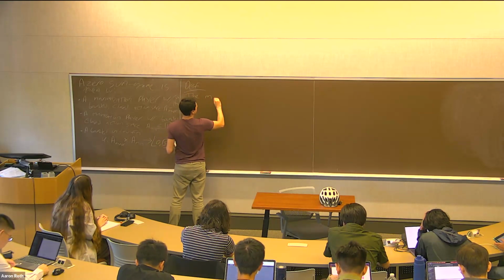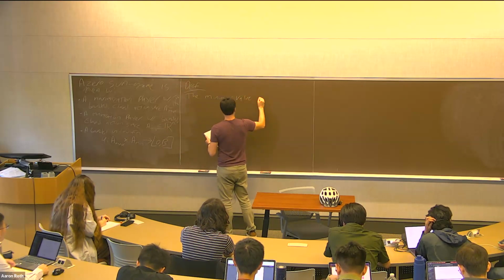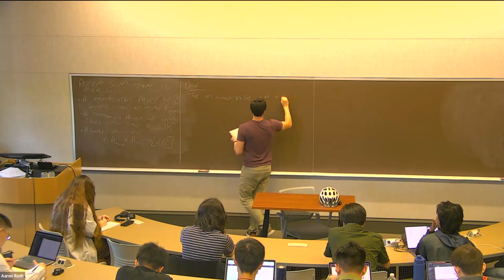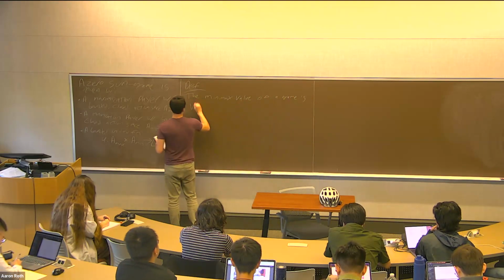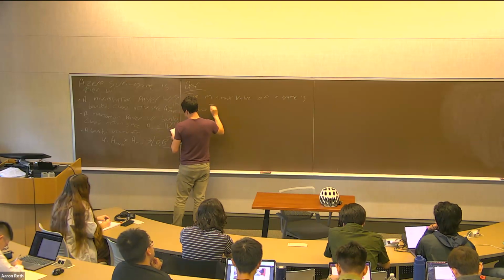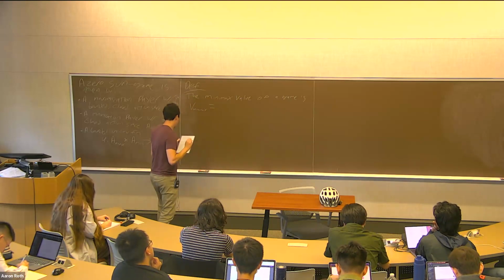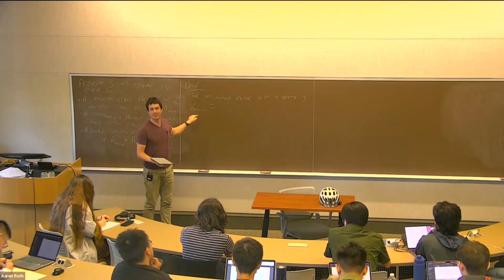So the mini-max value of a game, we wrote this as V minimax, is the payoff that's obtained when Min goes first. That's why Min comes first in minimax.